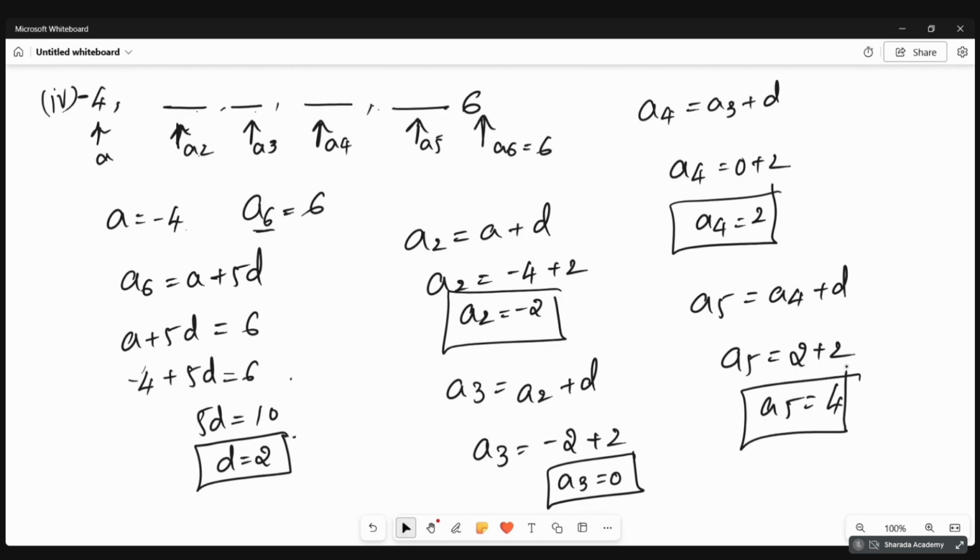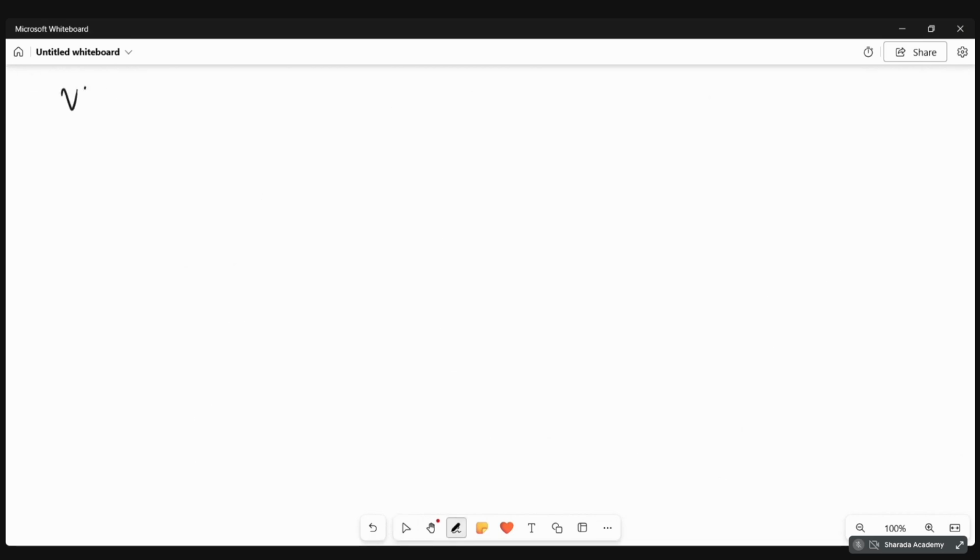Okay. So after this, do the fifth one. Fifth one is dash, 38, 3 dashes here, minus 22. So fifth one, what he has given: dash, 38, 3 spaces are there, after that minus 22.